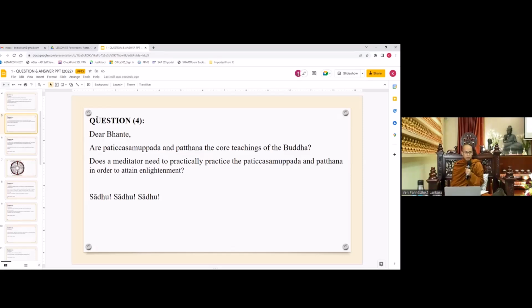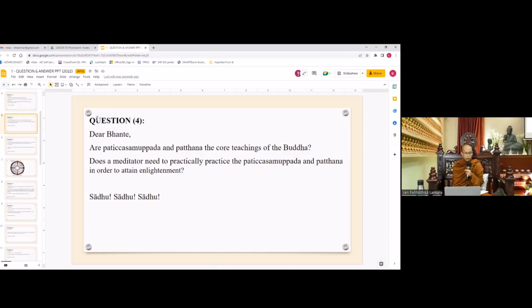Some meditators may not even know the name, this is Paticca Samuppada or this is Patthana, but through practice under the guidance of a proper teacher, the meditator can understand the cause group and effect group, and also the relationship between them.